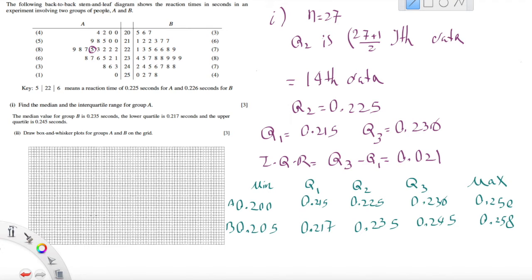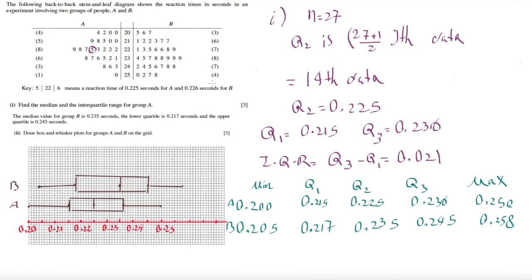Now I first need to construct a number line. After constructing the number line, we scale them. I move at the step of 5. So here will be your minimum data, here will be your maximum data. Here it is Q1, Q2, Q3.